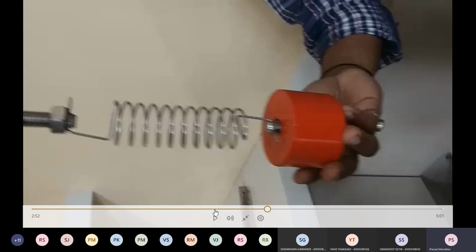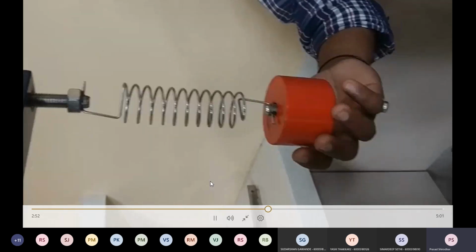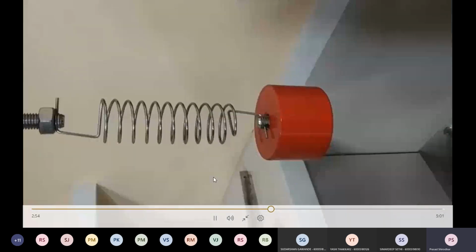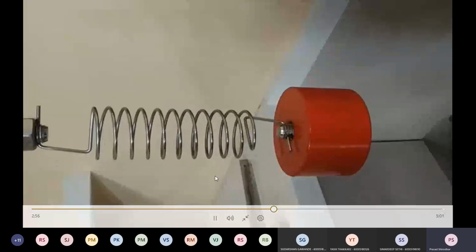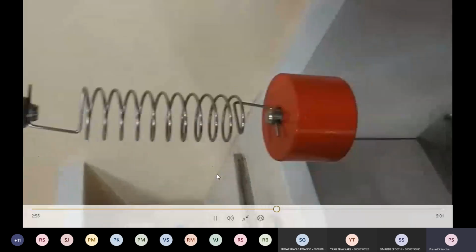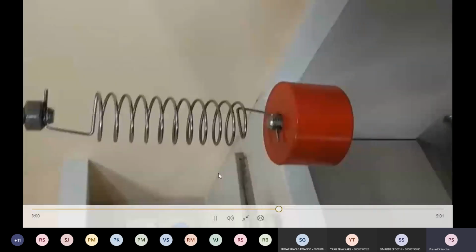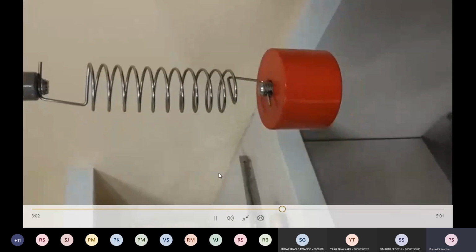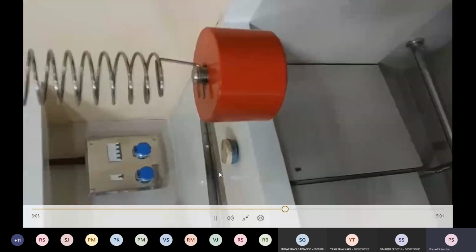All right. So this was for 1 kg. So now you have to measure the time required for any 10 consecutive oscillations. So that is your first reading. Now we are going to replace this 1 kg mass by 0.75 kg mass.